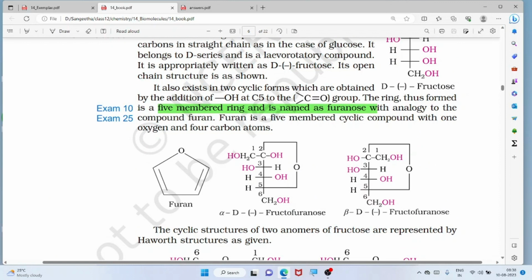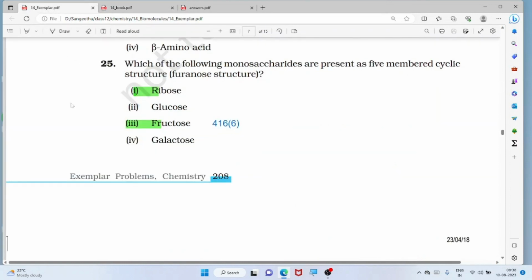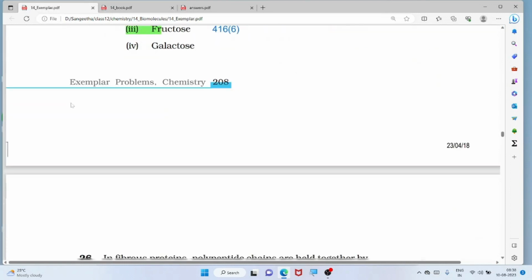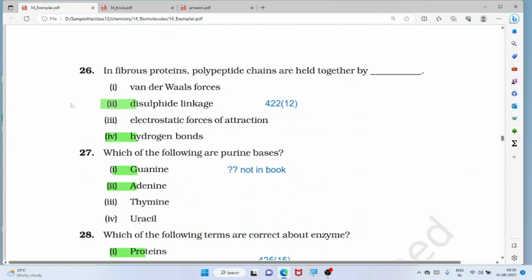The five-member ring is named furanose. In fibrous proteins, polypeptide chains are held by disulfide linkages and hydrogen bonds.